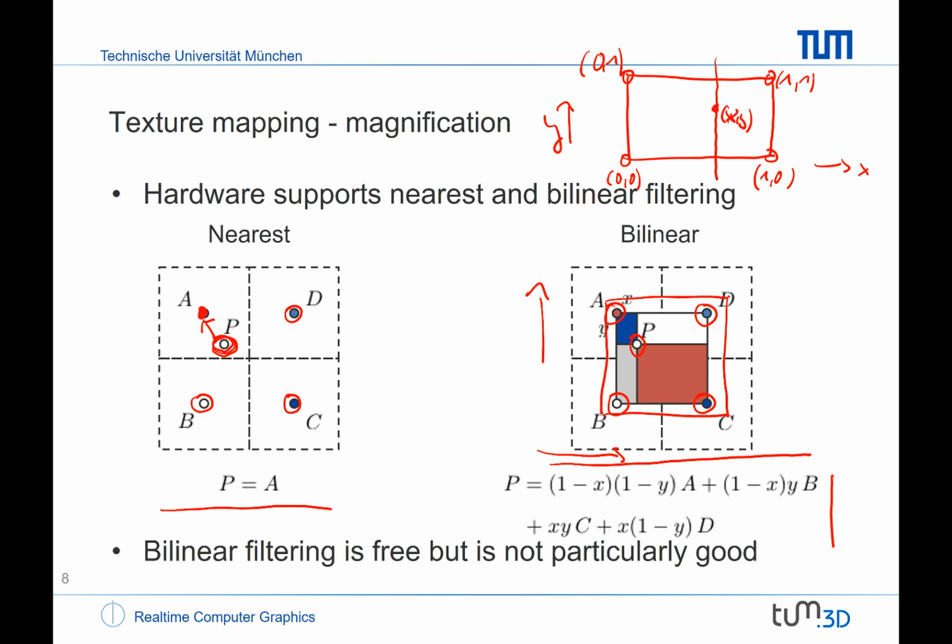First of all, do a linear interpolation along this edge to obtain a value here. Do a linear interpolation along this edge to obtain a value here. And then you use these two linearly interpolated values in order to perform a third linear interpolation along this direction to obtain the value here. And that is what we call bilinear interpolation.